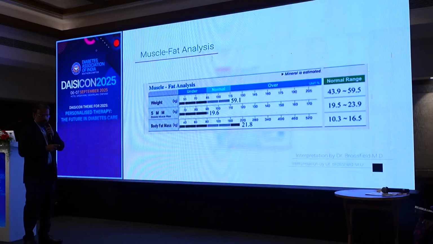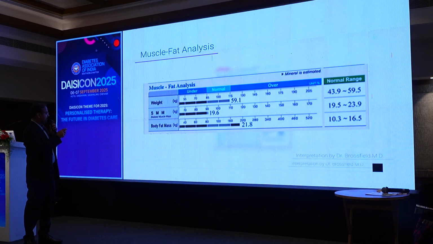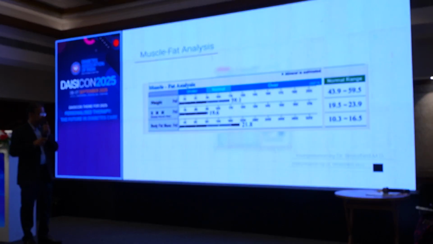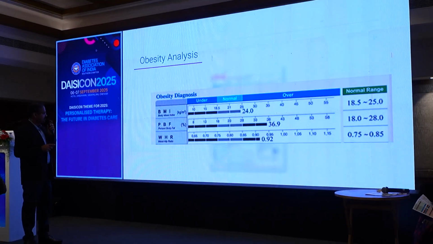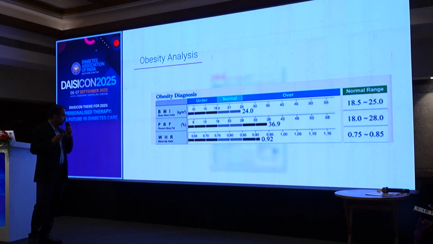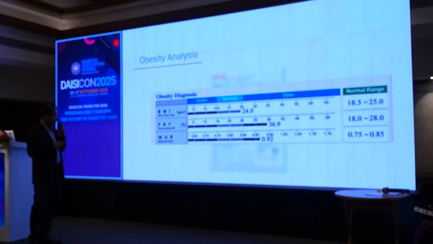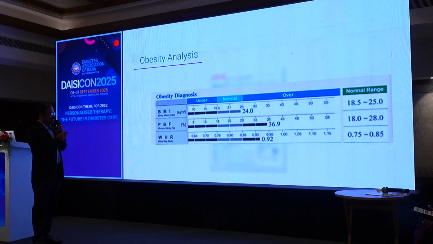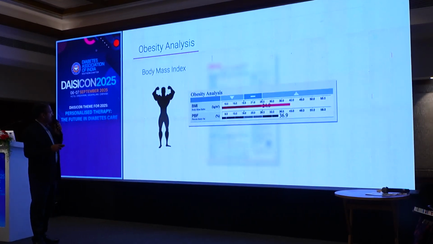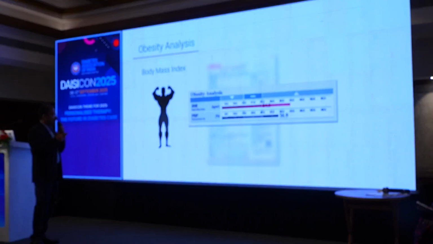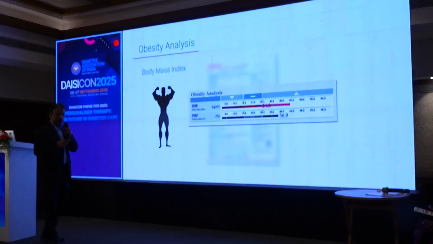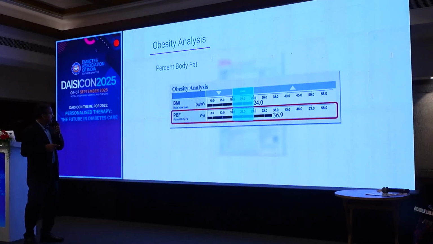Then followed by muscle fat analysis, measured with weight, skeletal muscle mass analysis, and body fat analysis. And followed by obesity analysis, which includes BMI, percentage of body fat, and waist-hip ratio. In case of body mass index, it very clearly says whether it is increased or lower body mass.